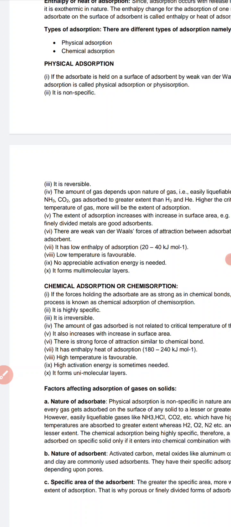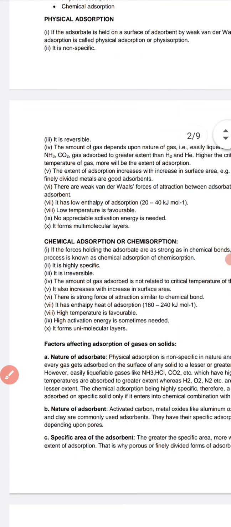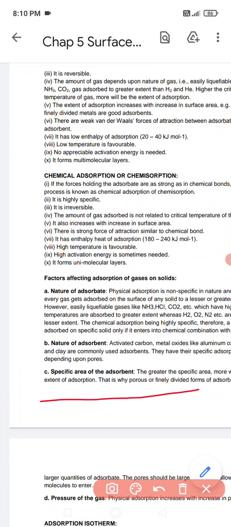After that, we have discussed the important factors that affect the process of adsorption of gases on solids. The factors on which adsorption depends are the nature of the adsorbate, the nature of the adsorbent, the specific area, and the pressure.